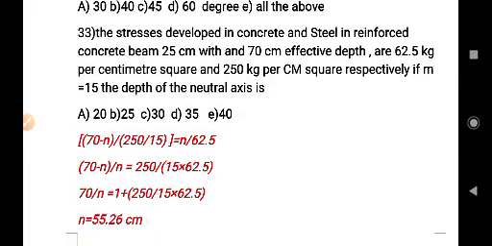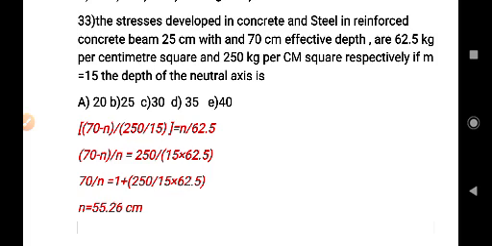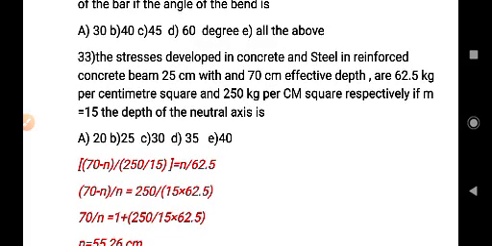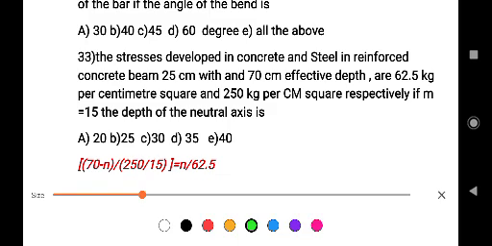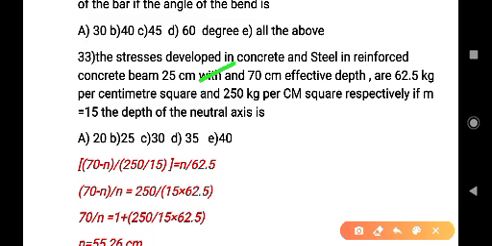Question number 33. The stress developed in concrete and steel in a reinforced concrete beam of 25 cm width and 70 cm effective depth are 62.5 kg per centimeter square and 250 kg per centimeter square respectively.